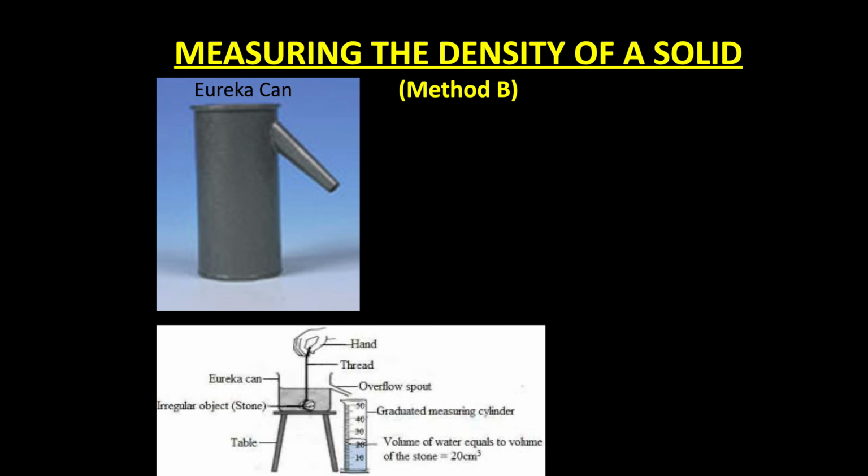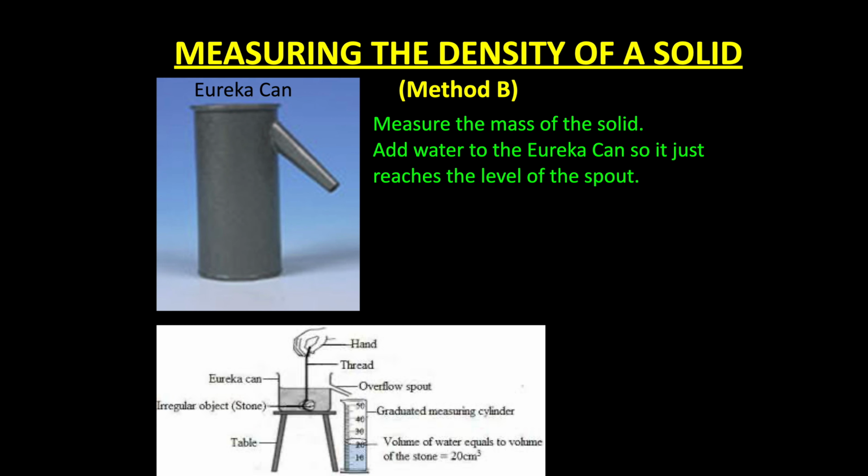Let's take a look at method B. This is called a eureka can. Step 1 is to measure the mass of the solid. Next, we are going to fill the eureka can right up to the spout, and any excess water will drip out into the measuring cylinder. As a result of that, the water will be just up to the spout so that none can flow over.